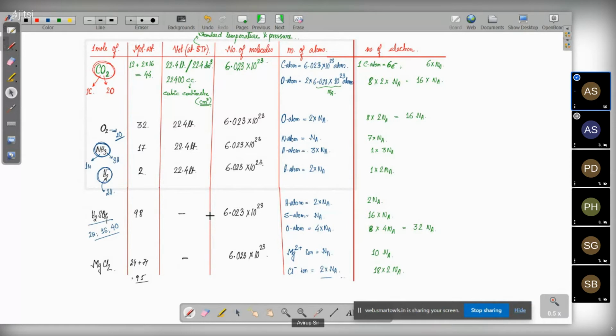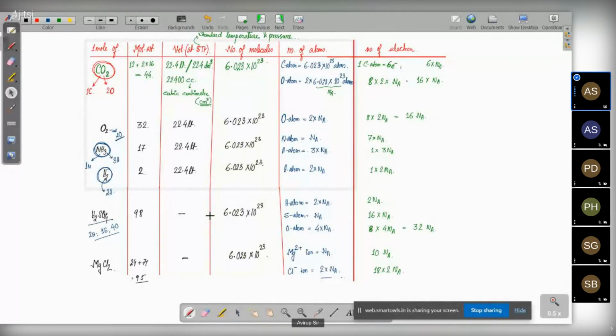Over the next few classes, and maybe the next week's class, we will be practicing the numericals from this chapter. As I have told you multiple times, in this chapter numericals are the most important thing. We'll see different kinds of numericals that you can expect in your examination.